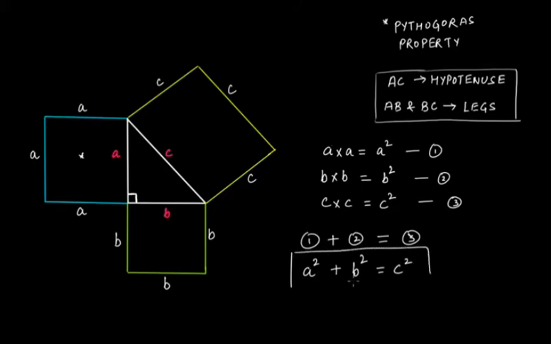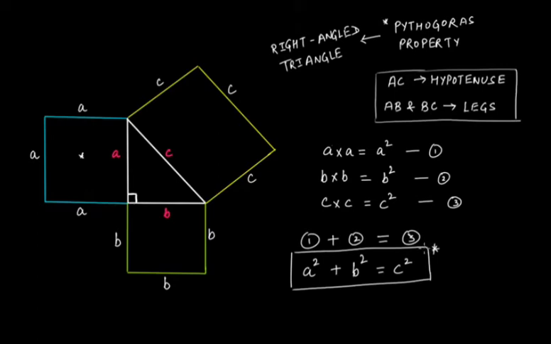This is Pythagoras property of a right angled triangle. It's only applicable to a right angled triangle, because hypotenuse can only exist in a right angled triangle. So for any right angled triangle, this Pythagoras property will always hold true.